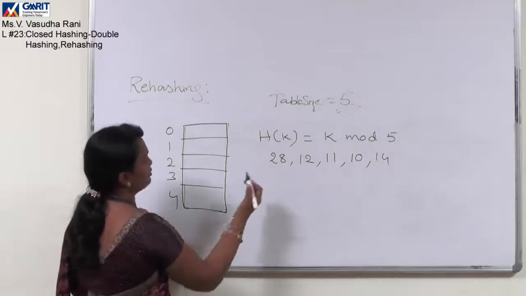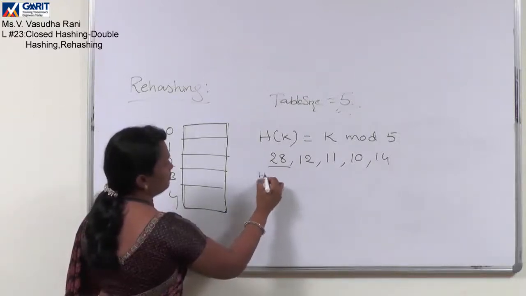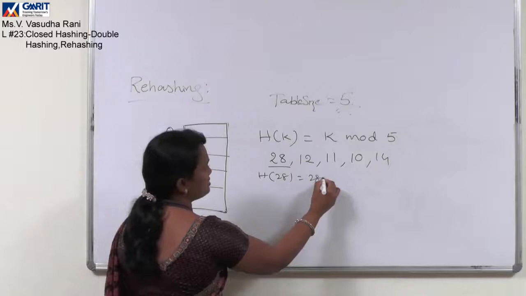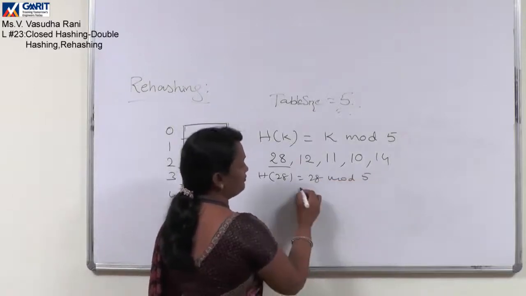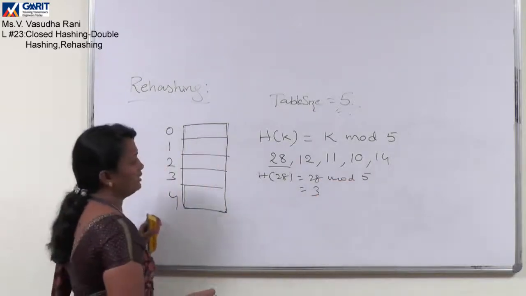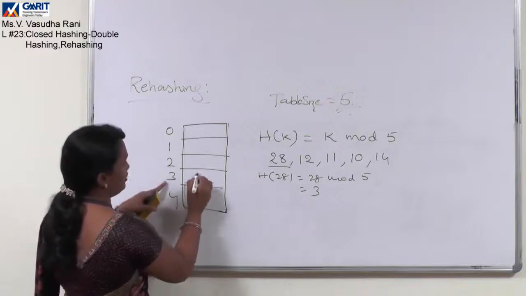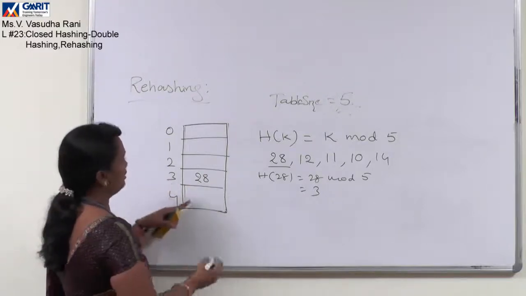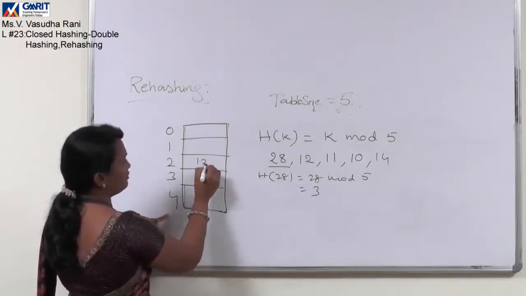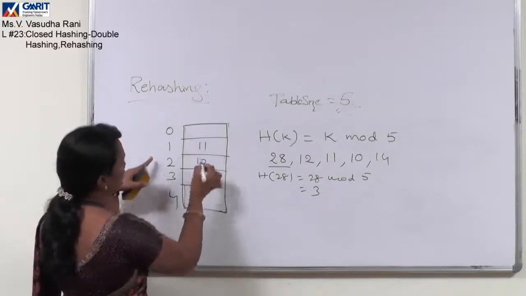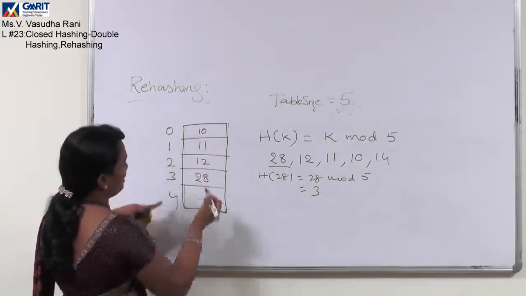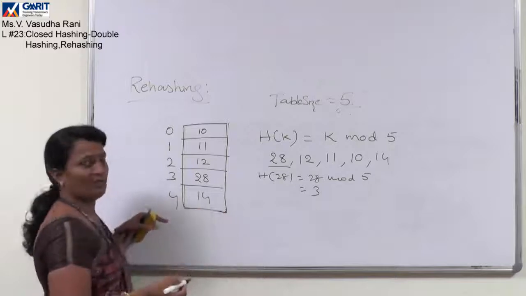For 28, h of 28 gives us 28 mod 5, which is 3. So 28 has to be stored here, then 12 will come here, then 11 will come here, 10 will come here, and 14 will come here.